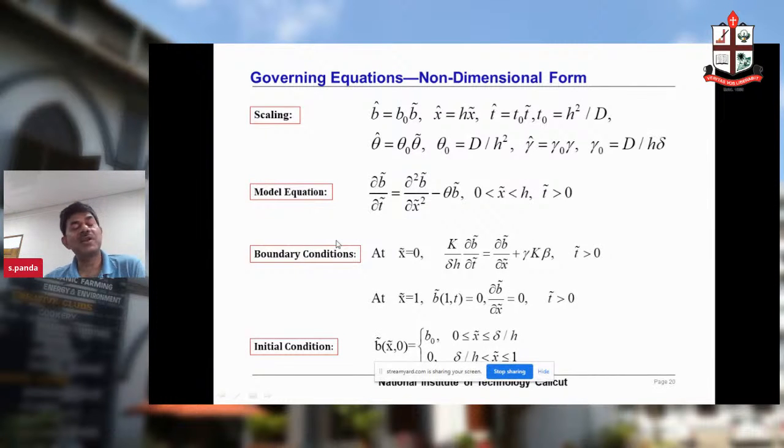So in mathematics, one interesting concept is that you have to non-dimensionalize. The non-dimensionalized concept is that you don't take any quantity which has dimension, like force in Newtons, or diffusivity with another unit.